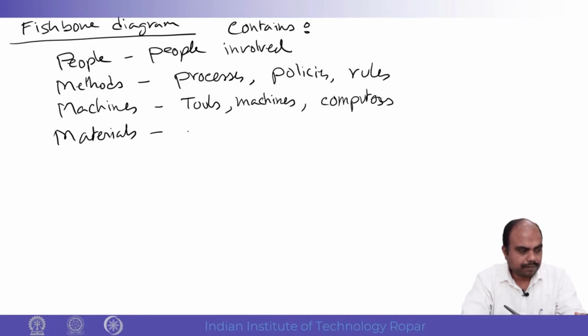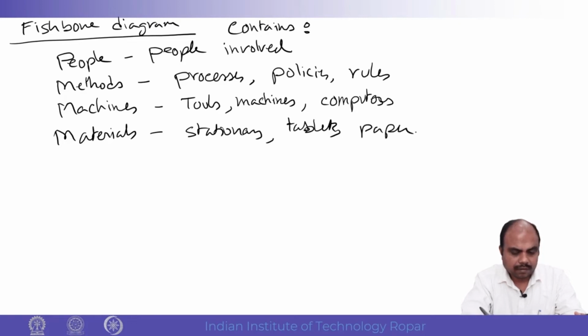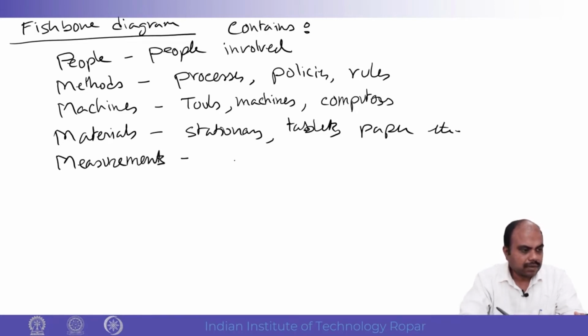These are maybe stationery, then tablets, then paper, etc. These are examples. Then measurements. These are data which is generated, which can also be evaluated later on.